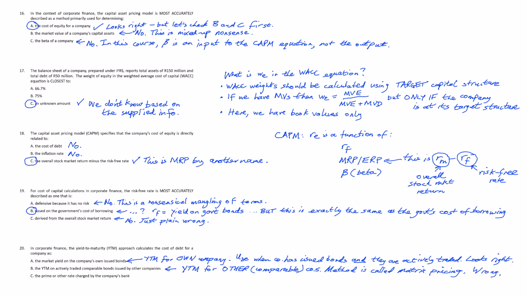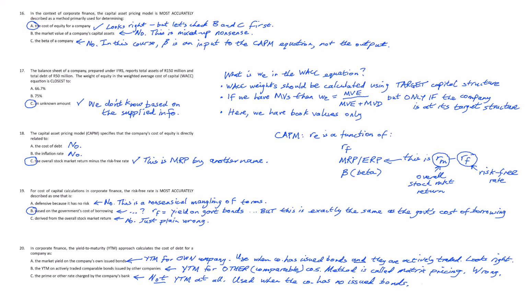And C is wrong because the prime or other rate charged by a company's bank is not relevant for a company that uses the yield to maturity approach, because we use the prime or other borrowing rate charged by the company's bank in situations where the company has no bonds in issue, and we don't call that the yield to maturity approach, which obviously applies when the company has issued bonds.